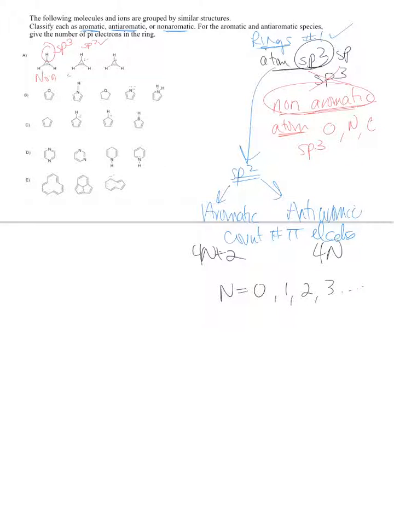We have 4 pi electrons, which makes it 4n, 4 times 1. This is anti. Okay, so that's anti. Here we have, they're all sp2.